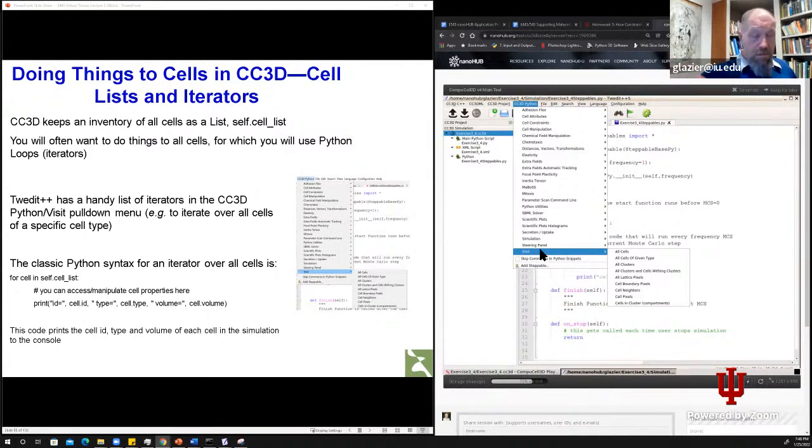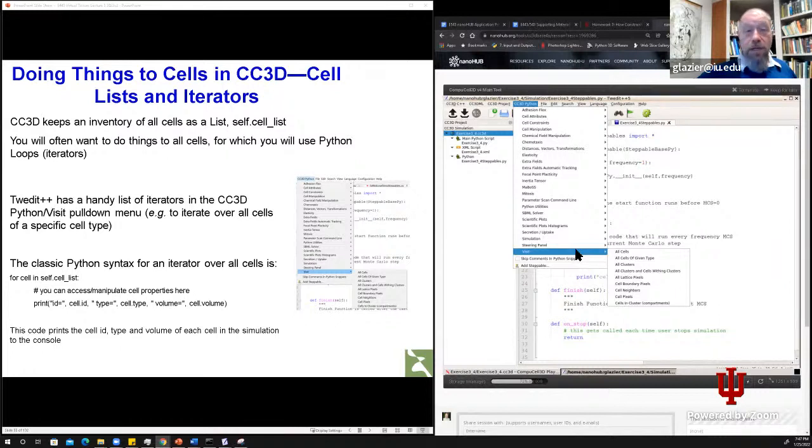Clusters are for when I build subcells, when I build cells with internal structure, which we haven't gotten to yet. I can iterate over all pixels in the lattice. Strongly recommend against doing that. It's slow and annoying. Cell boundary pixels is interesting. If I want to know what's just inside or outside of a cell, I can iterate over those. And that can be pretty useful.